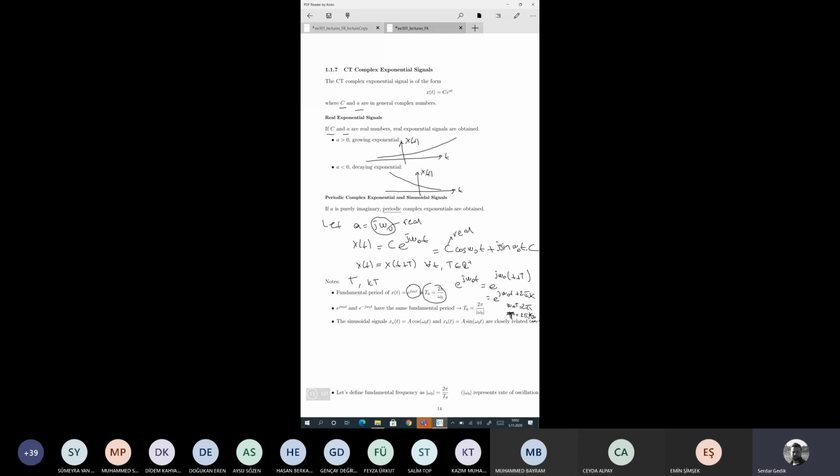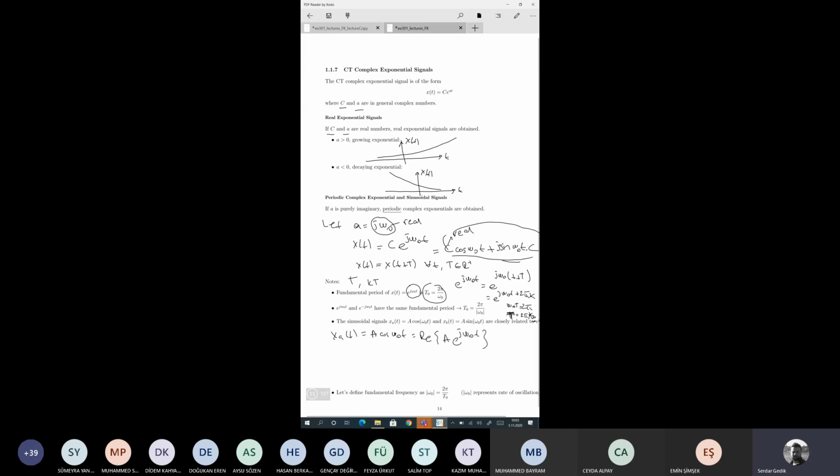When I write x of t in this form, I can relate cosine omega 0 t and sine omega 0 t somehow. How can I write this? First, let's write xa of t as a cosine omega 0 t, and this is nothing but the real part of a times e to the power j omega 0 t.